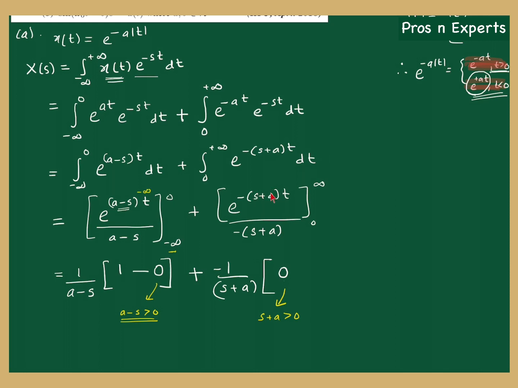If s plus a is positive, then you substitute infinity here, you will get e raised to minus infinity, and you will get 0. But what if s plus a is negative? If s plus a is negative, say some value minus 1, what happens is e raised to minus into infinity, that is e raised to plus infinity.